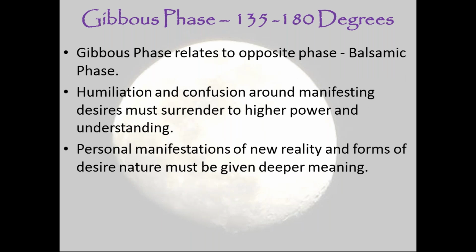Now, every phase has an opposite phase. And opposite the gibbous phase is balsamic, the last of the 8 phases from 315 to 360 degrees. And so as we go through the process of humiliation and or the process of confusion, as the pyramid inverts and we're thrown off our high horse, all of that humiliation and confusion around being able to manifest those desires.